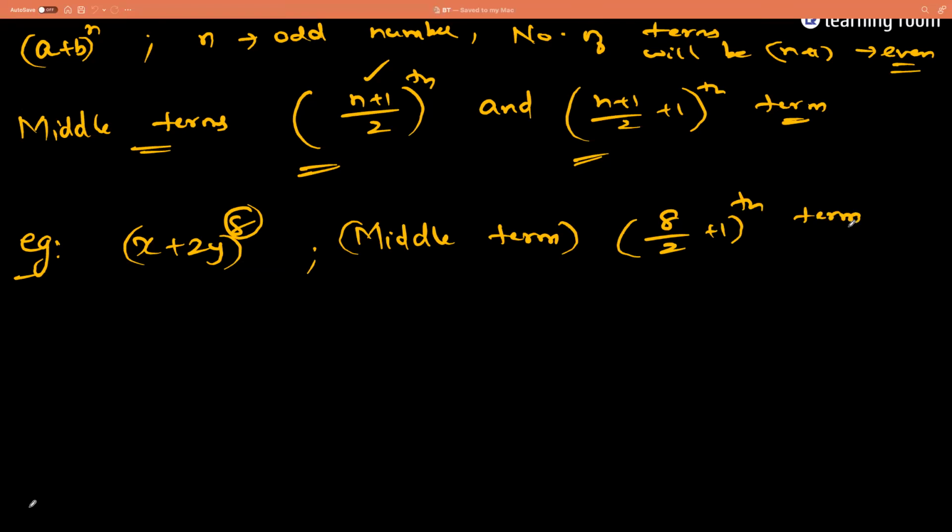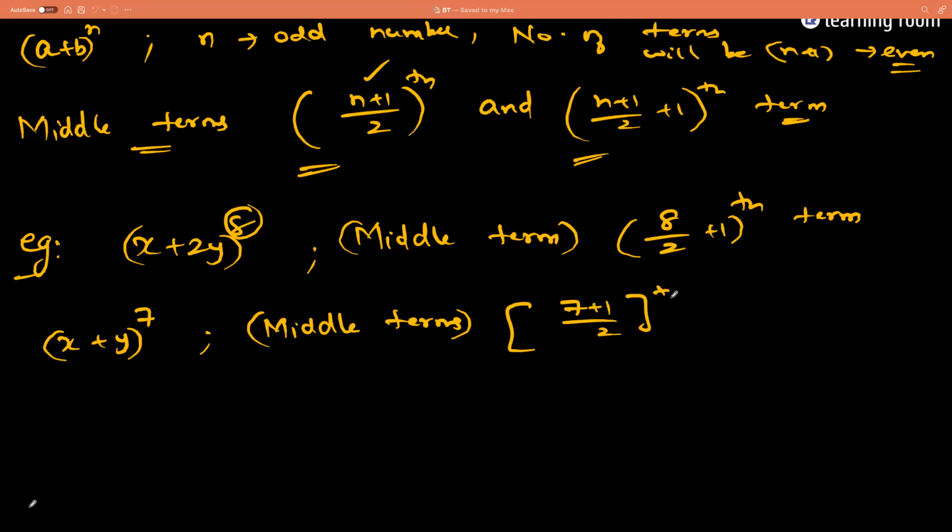Am I right? Whereas if I have an expression like this, x plus y the whole power 7, then what will be the middle terms? Middle terms will be 7 plus 1 by 2th term and 7 plus 1 by 2 plus 1th term.